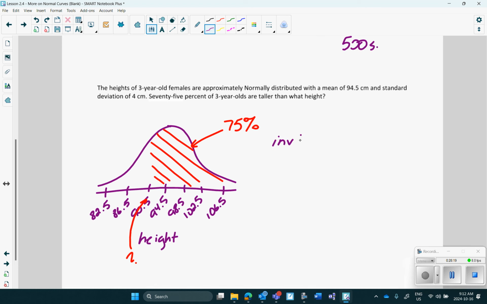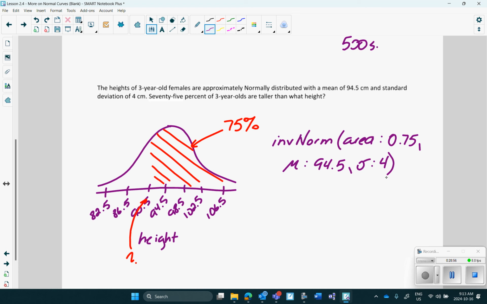Inverse norm. The area is 0.75. The mean and standard deviation are 94.5 and 4. Those of you that have the fancy one, and where it asks you like area left, center, right, well, this is to the right, isn't it? So make sure you highlight right.